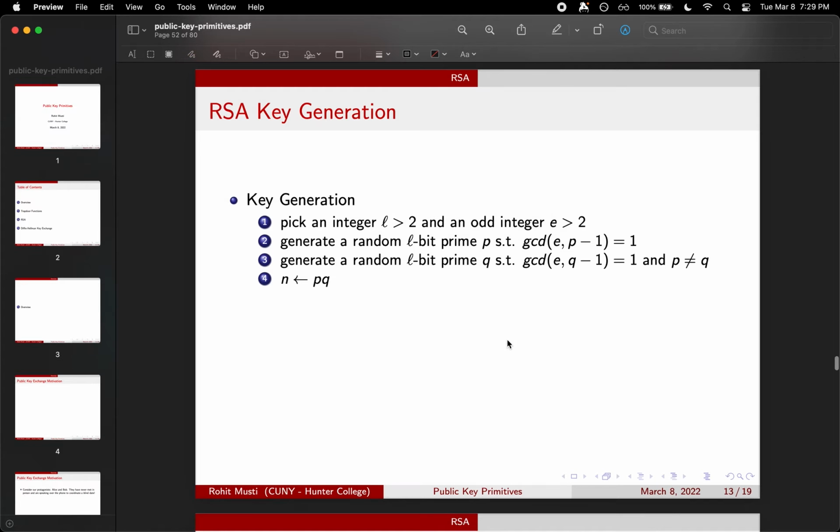Great, so now Q is corrected there. And N is then calculated as P times Q.